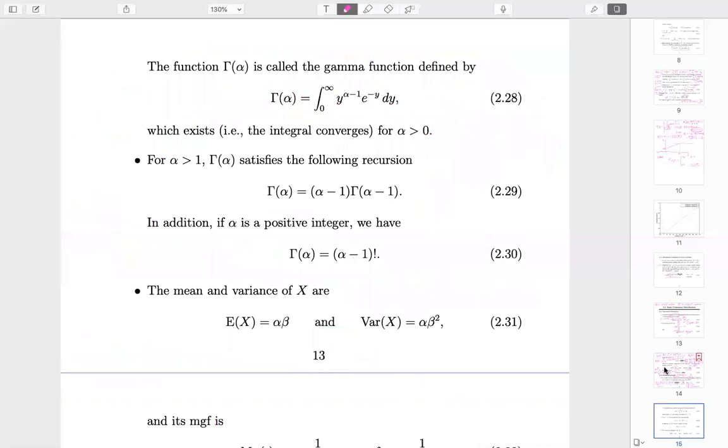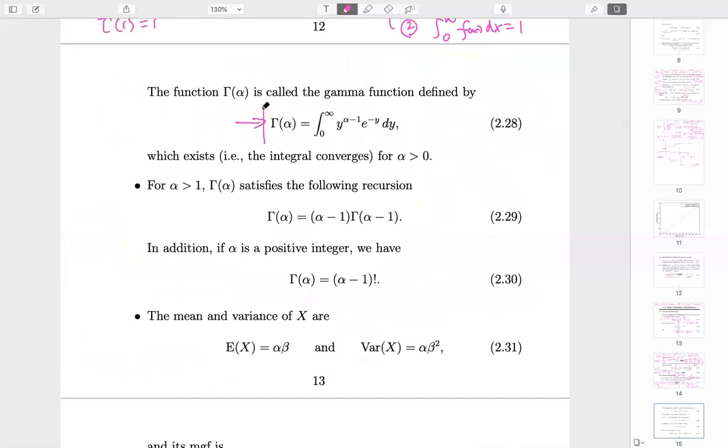So what we can do is start from the standard definition of the gamma function. This is the gamma function, 2.28. Here is exactly the definition of gamma. Here we require alpha to be a real number, and even a positive real number. By the way, the gamma function is also defined for complex numbers.